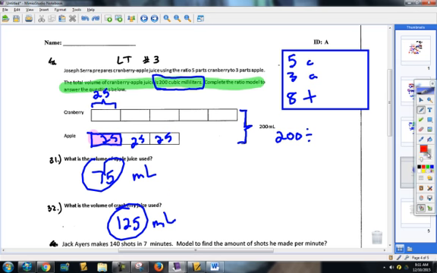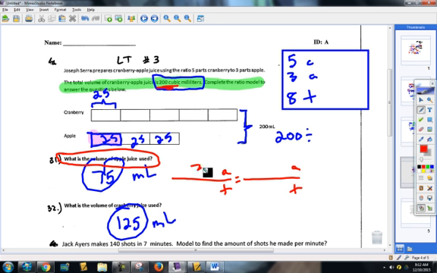Now, you didn't have to check with the proportion, but I had a lot of you asking me, should we? Well, sure you should. Why not? Why wouldn't you just take an extra 2 minutes to write up a proportion real quick? So, here we go. I look at my question. What is the volume of apple juice used? And what was given up here? Well, they gave me a total, and they're asking for apple. So apple to total.